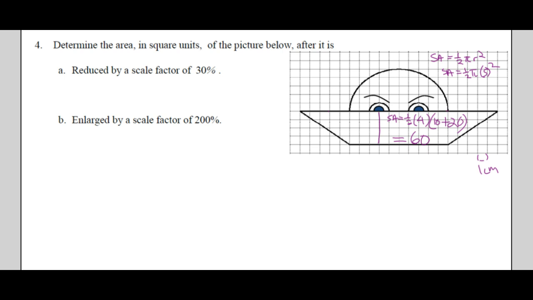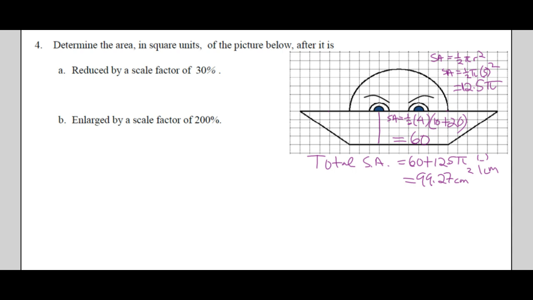That's 12.5 pi, right? 5 squared is 25, 1/2 of that's 12.5, and then we've got the pi. So the total surface area, before any changes, is 60 plus 12.5 pi, which is 99.27 square centimeters.